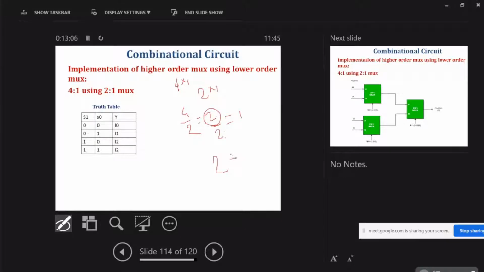Okay, so 2 plus 1 is the number of 2 to 1 muxes for the implementation of 4 to 1 mux. Okay, understand how to decide the number of lower order muxes for the implementation of higher order muxes?